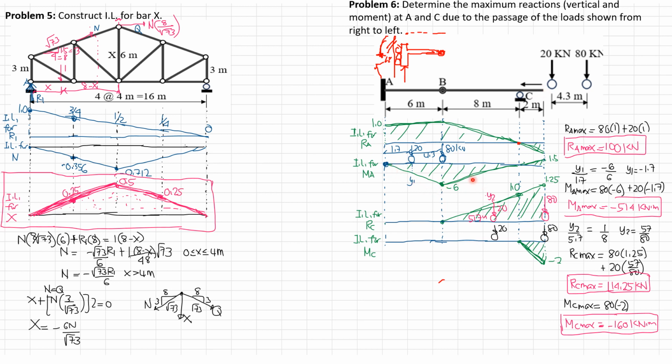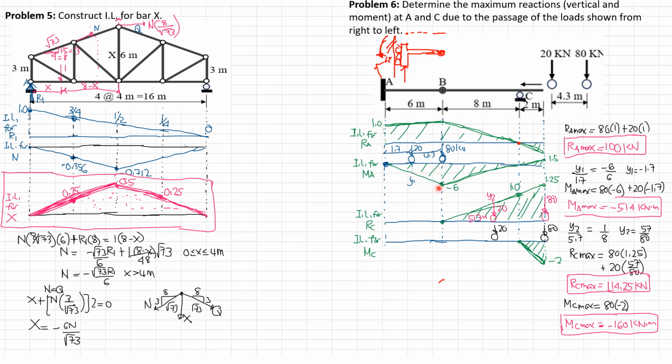Anyway, we simply apply similar triangles. So negative 6 as to 8 equals y as to 2. So that's why y is 1.5.